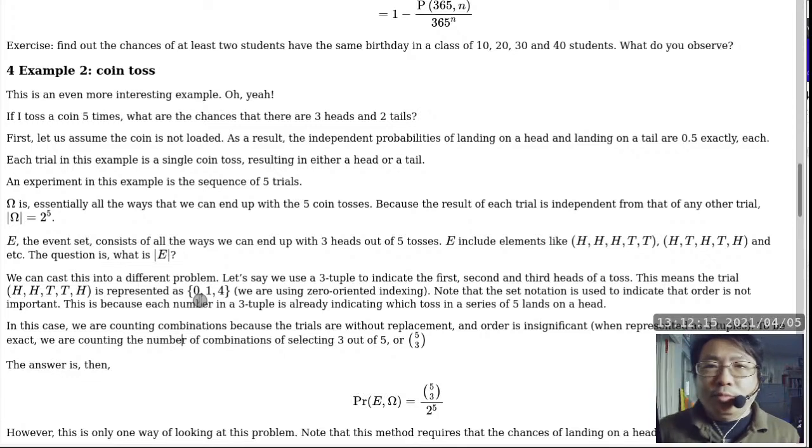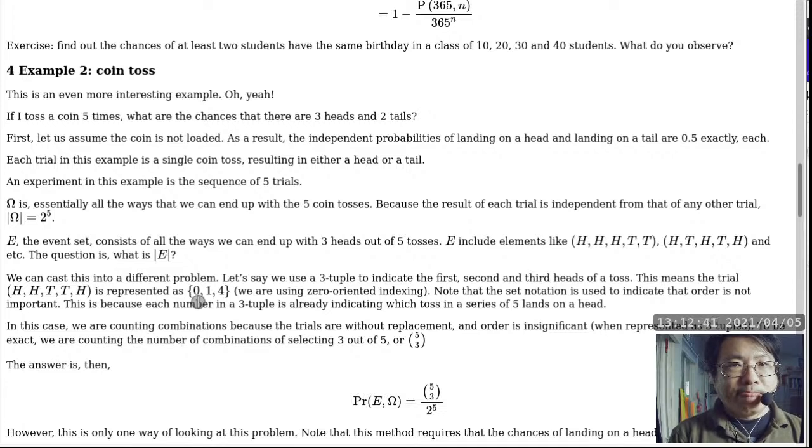So now we think about you having a bag. Once again we have a bag of marbles, but these marbles are labeled from 0 to 4. 0, 1, 2, 3, 4. And what we are trying to do is to figure out the number of ways to pick 3 marbles out of the bag without replacement, where the ordering is not important.